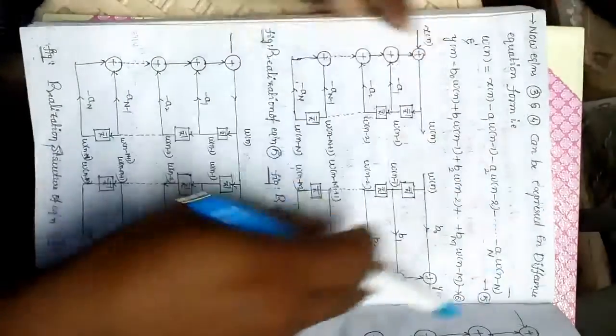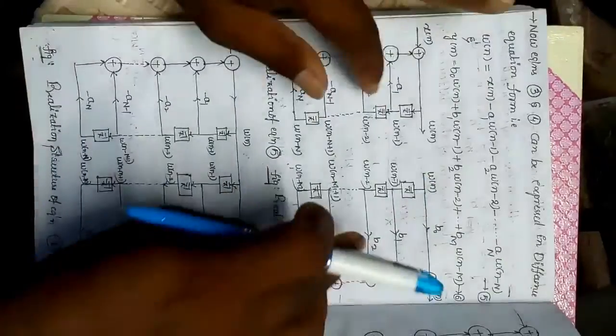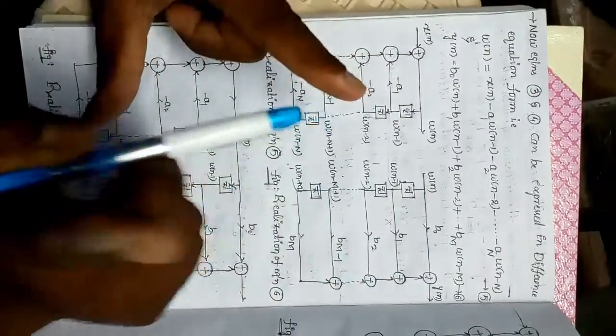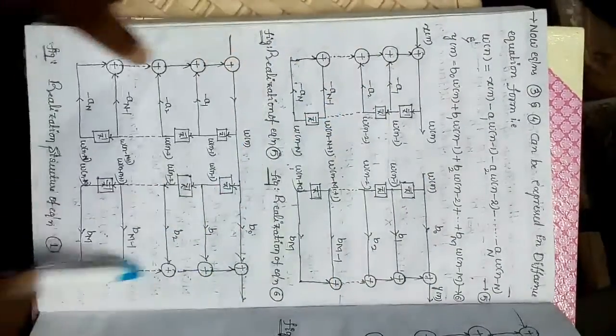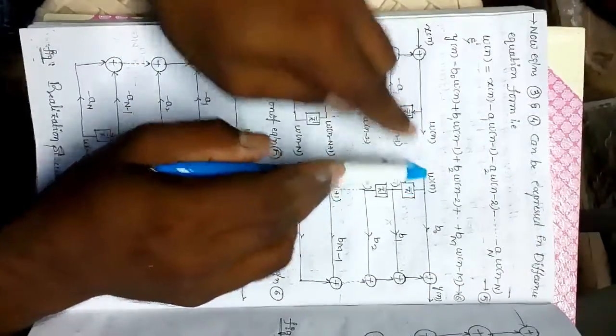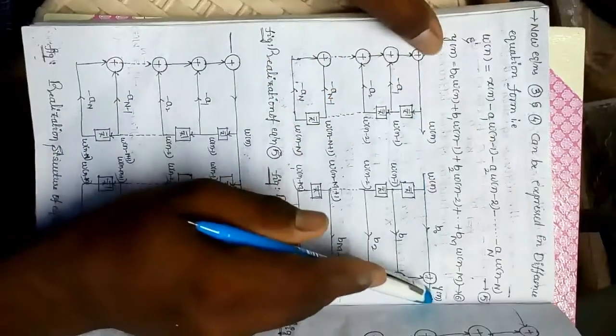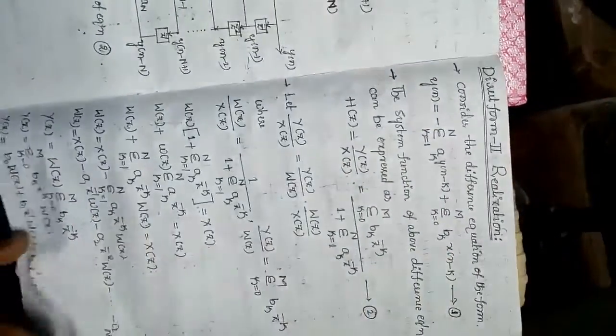Whenever we combine like this, instead of these 2 relations I am getting only a single relation, and that is here. So this is the w of n and w of n. Just w of n I am giving to this one. What is y of n? Y of n is nothing but the complete combination of this term and this term.